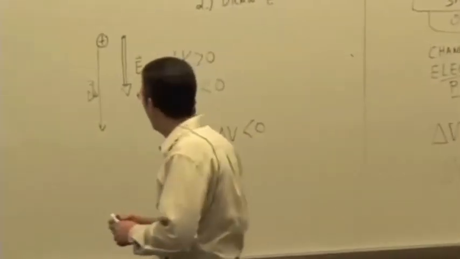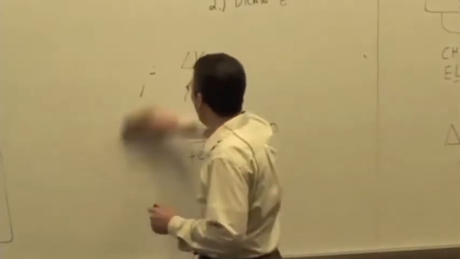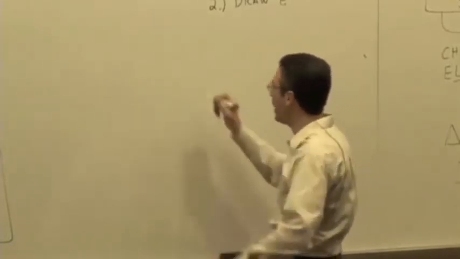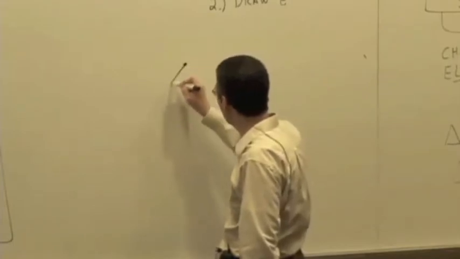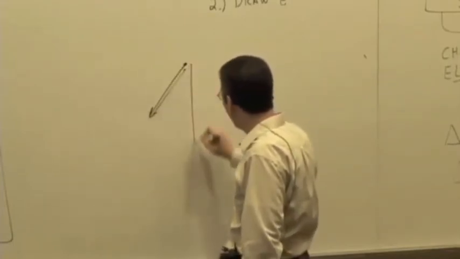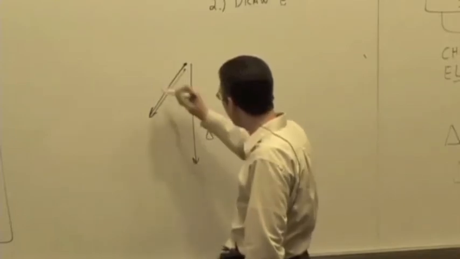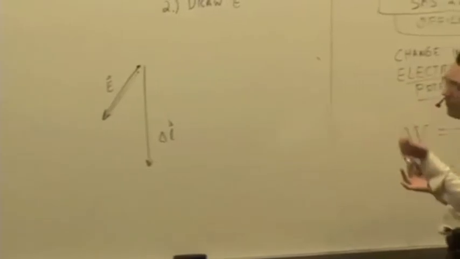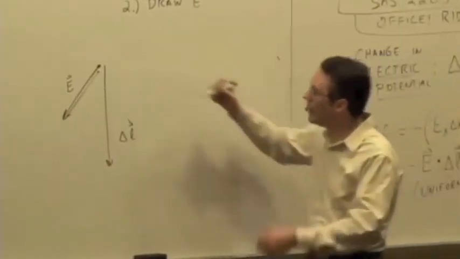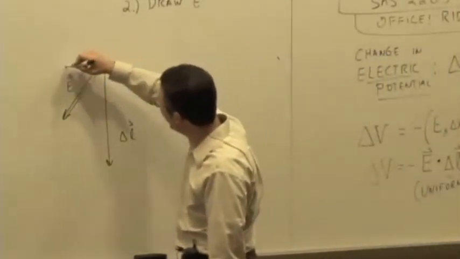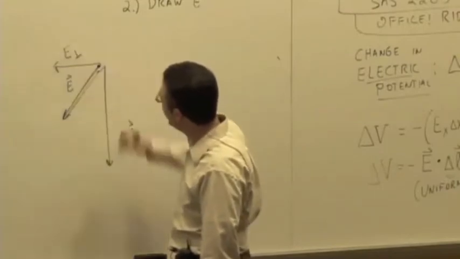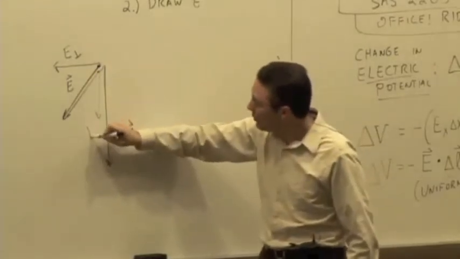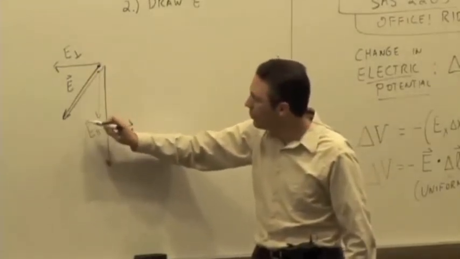As we saw in this last case, what if we don't have a situation where the field is parallel, anti-parallel, or perpendicular? If the field was like this and the path was down, you can still check the direction because you can always break up the field into components. There's a component of the field perpendicular to the path, and a component that's parallel or anti-parallel, depending on the direction, to the path.